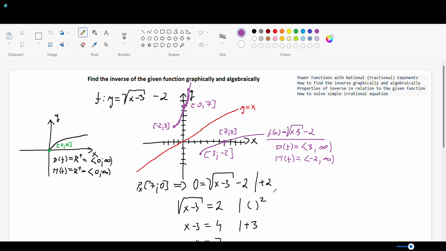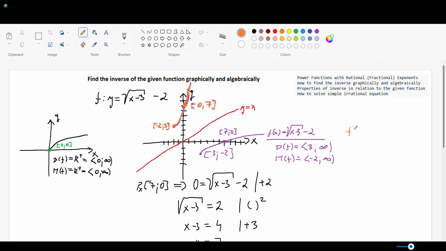And as we said during our lessons, if we find the inverse function, let me just redraw it in orange so that we can use the colors to differentiate the inverse and the given function, the original function.